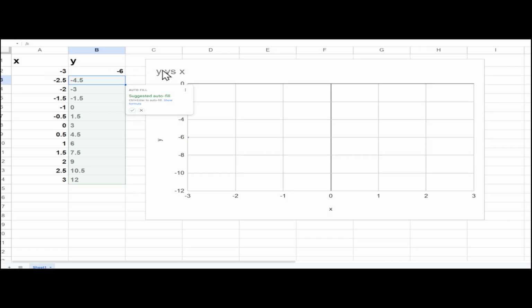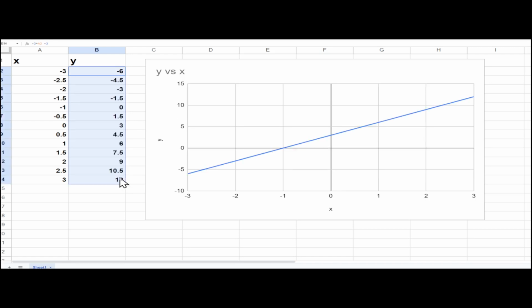And it's going to go away and find it for us. It didn't really map it for us all that well, so let's copy it down. There we go.